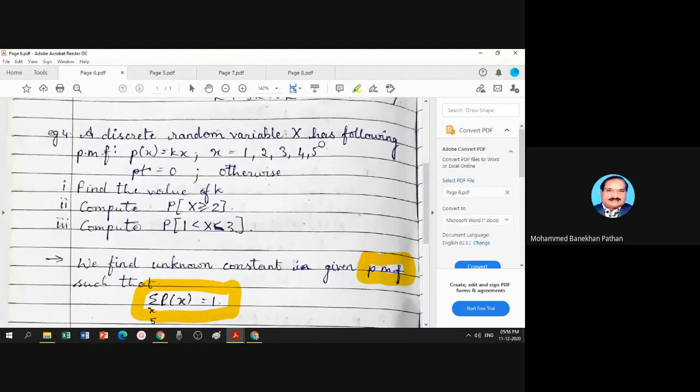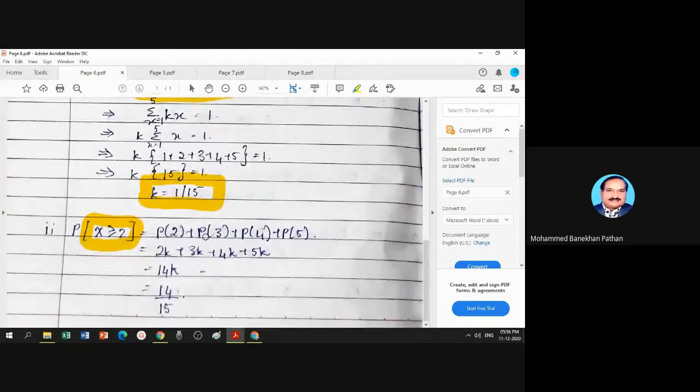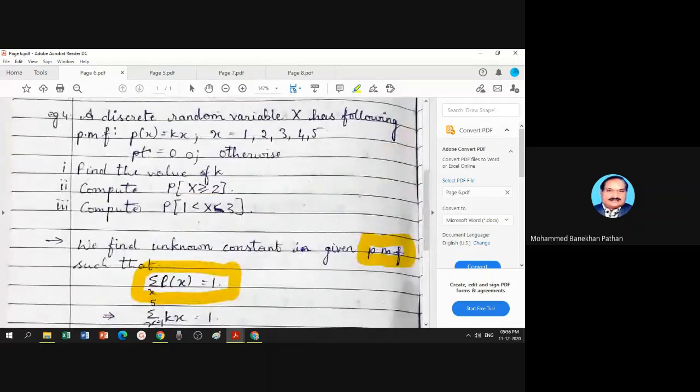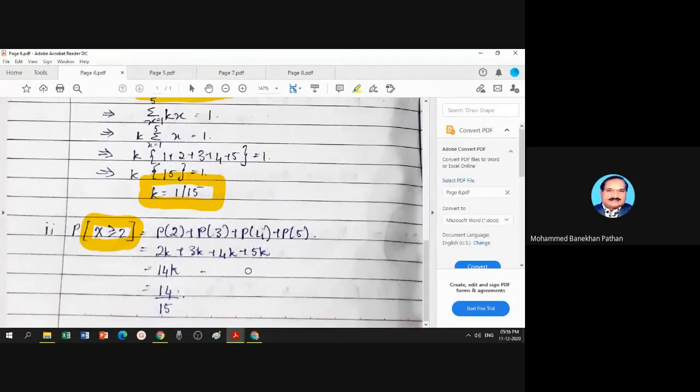So I will not cross 5, I will not cross 1. So this is nothing but P2, P3, P4, P5. P2 is 2k, P3 is 3k, P4 is 4k, P5 is 5k because my P(x) is k times x. That's why I write these probabilities. Make an addition, it is 14 times k, and we know k is 1 by 15.